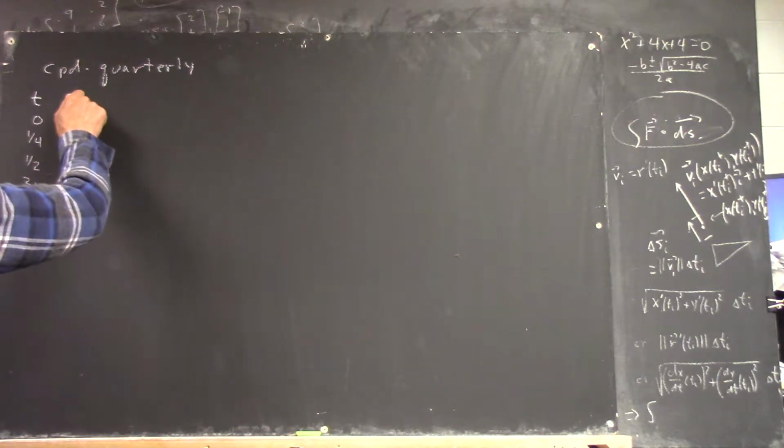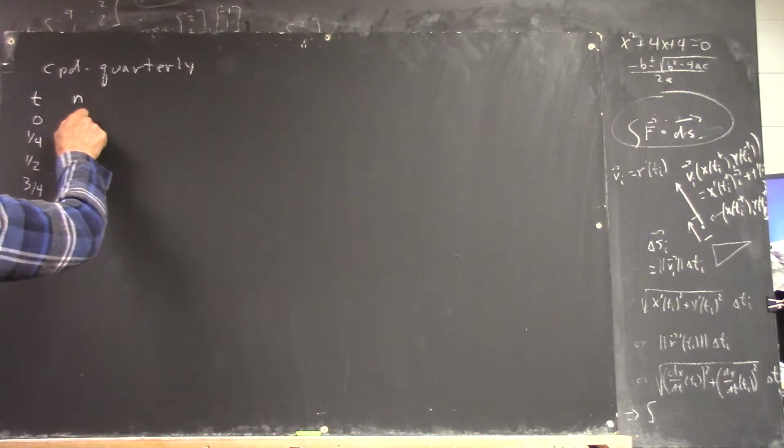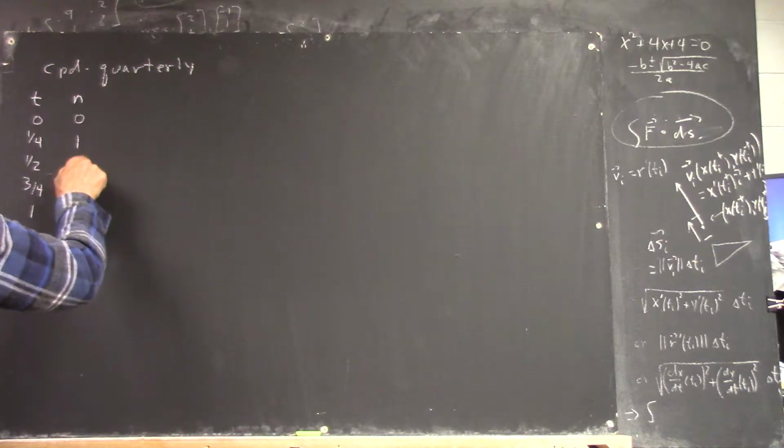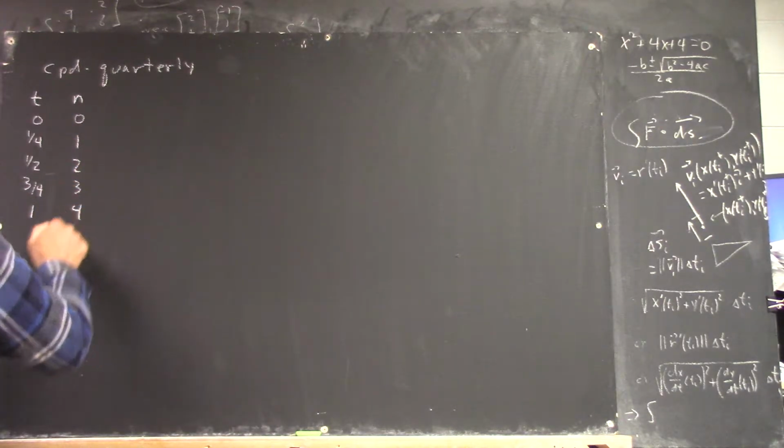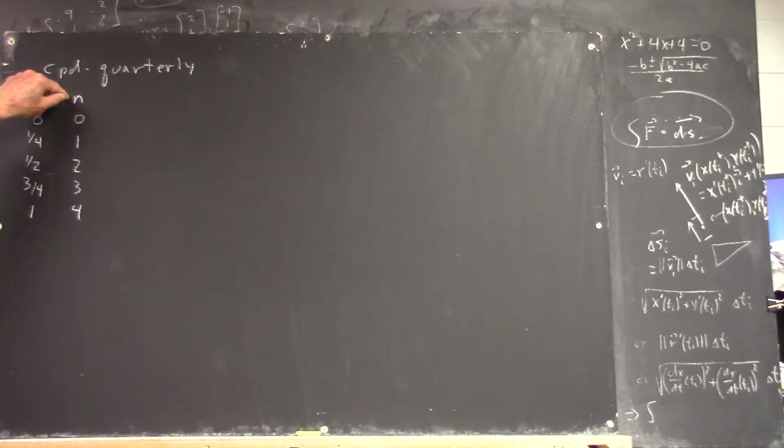And N is 0, 1, 2, 3, 4. Actually, I don't want that to be N. Let's see.